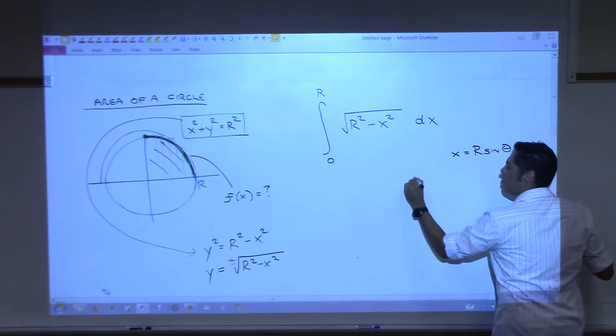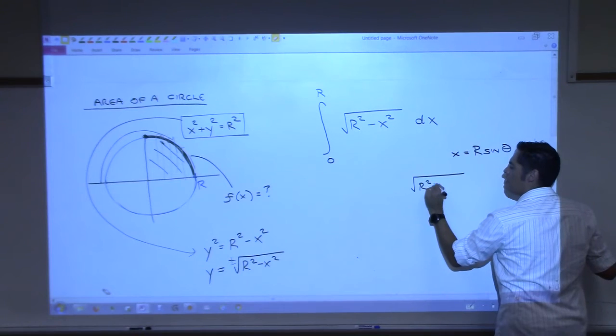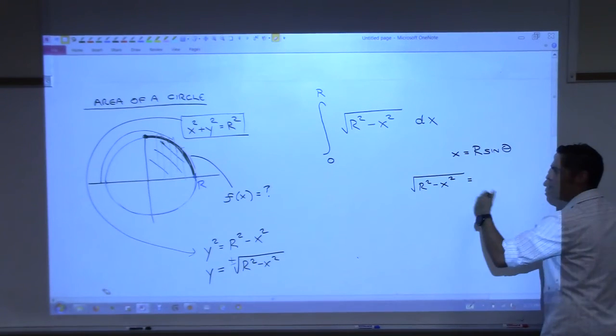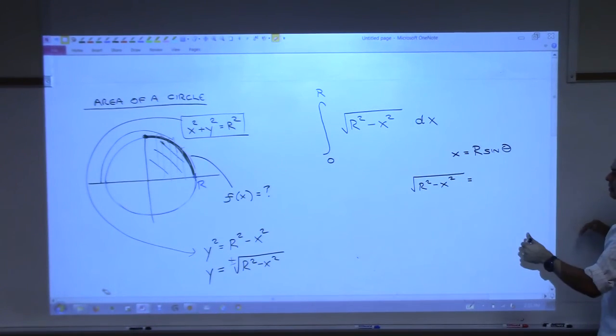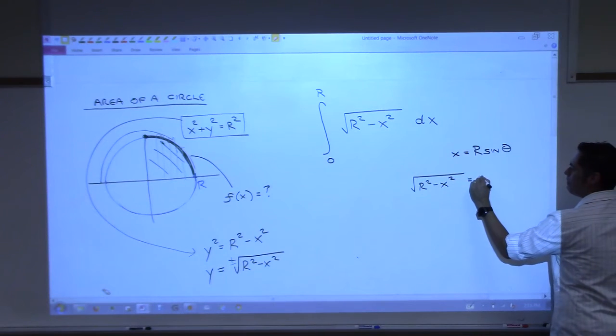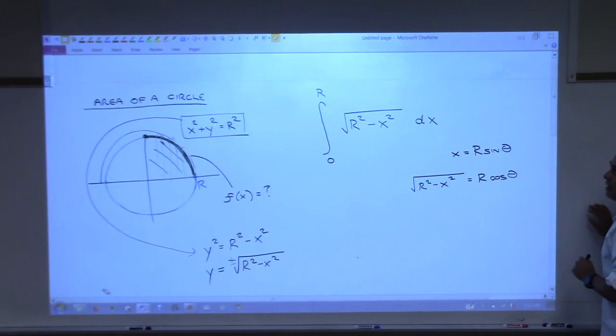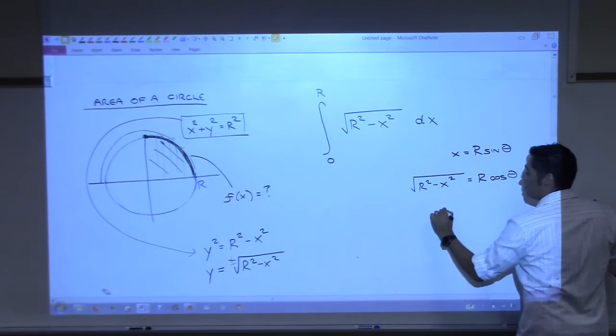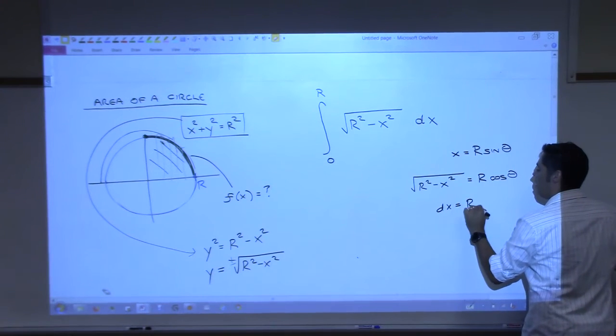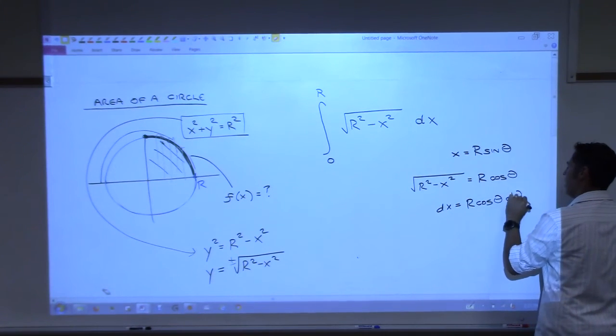And then the square root of r squared minus x squared, we already know using this trig sub that this turns out to be what? R cosine theta. And then dx, well, what's dx? R cosine theta d theta, right?